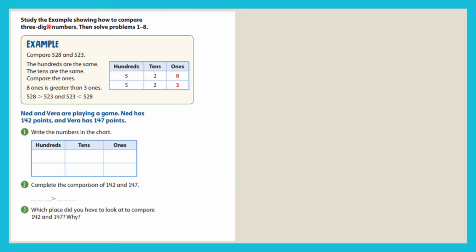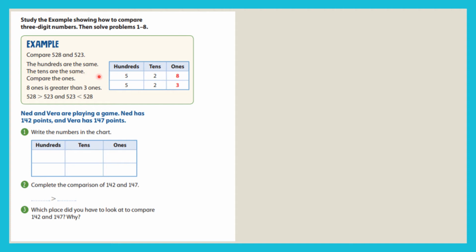All right. Study the example showing how to compare 3-digit numbers, then solve problems 1 through 8. All right. 1 through 8 is on the next page, and I'll give you time to solve those problems. But let's look at the example. It says compare 528 and 523. They're using a chart, boys and girls, and they want you to use a chart to compare these numbers, not to draw the base 10 blocks.